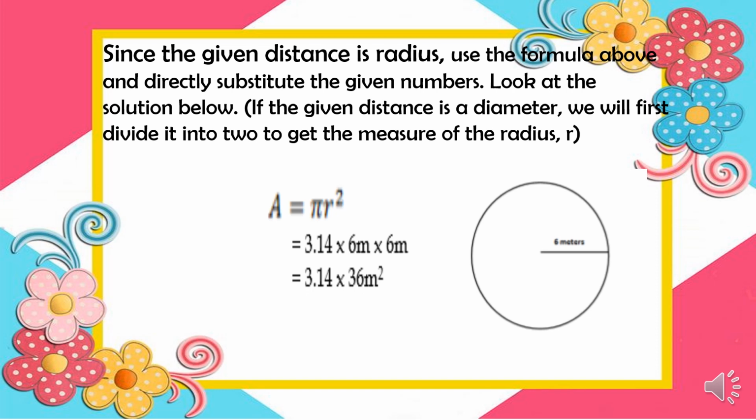We multiply first the radius, 6 meters times 6 meters, which is equivalent to 36 square meters. Therefore, 3.14 times 36 square meters is equal to 113.04 square meters. So that is the area of the circular pool.